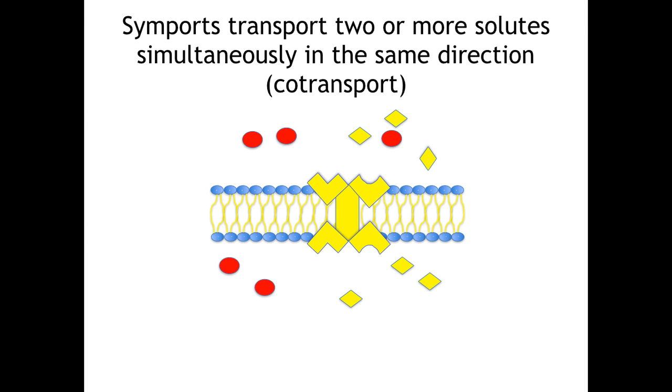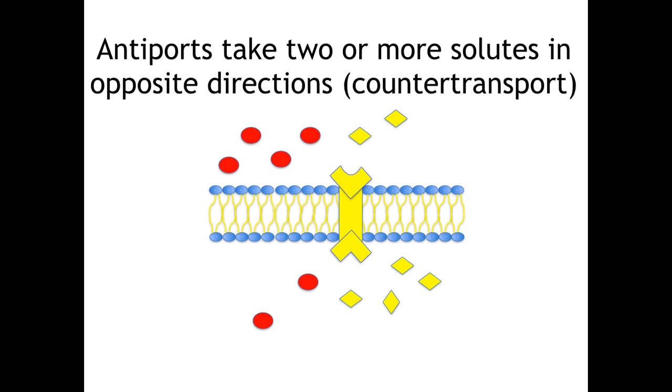Now, let's go. This is an antiporter. Antiporters take things in opposite directions at the same time. That's countertransport. Again, we have a round binding slot up here. We have a pointy binding spot down there. Take a look at the concentrations, predict which direction things are going to diffuse, and then let's take a look.